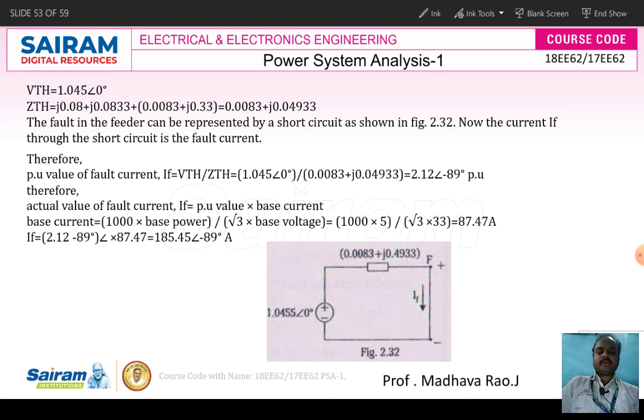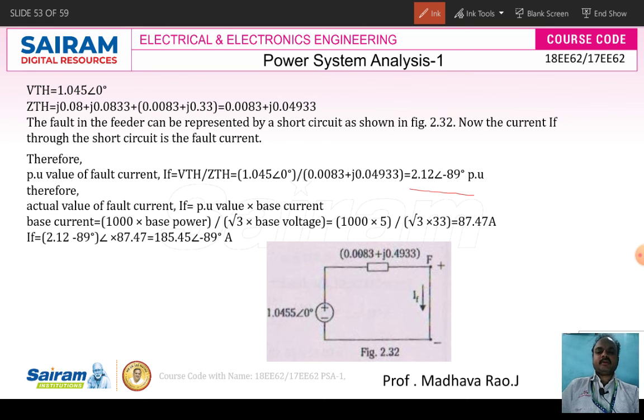So IF is equal to V Thevenin by Z Thevenin. According to Ohm's law in an AC circuit, current is voltage divided by impedance. Using that, the fault current IF is 2.12 at an angle of minus 89 degrees per unit.